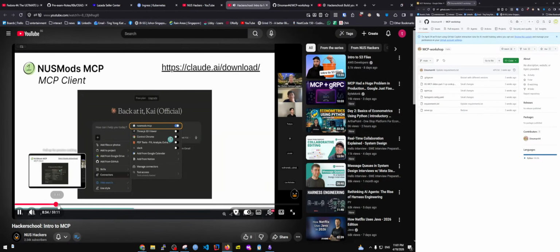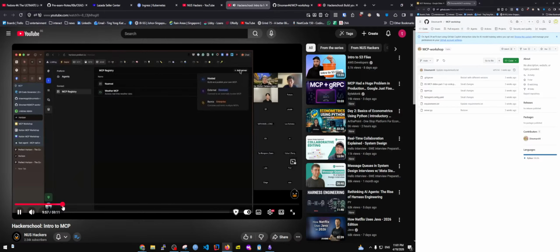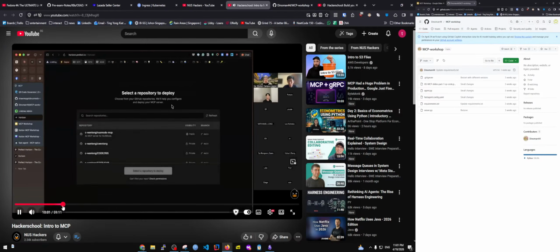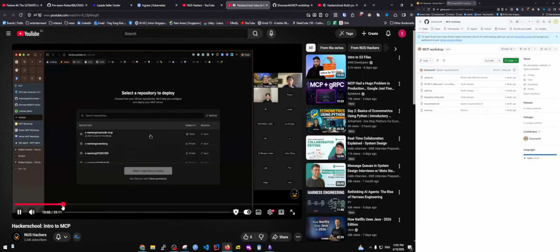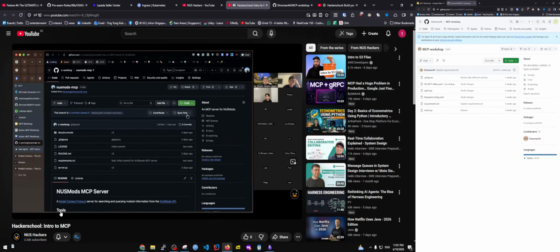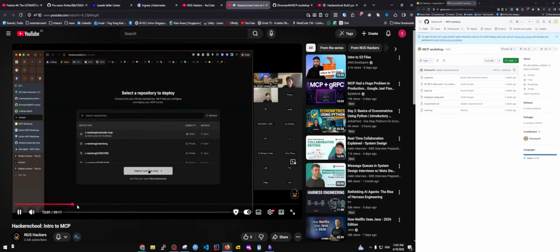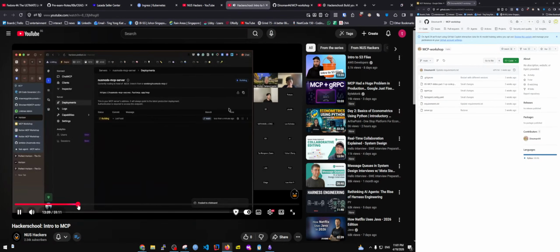This is just a screenshot of how it looks, because it's a custom MCP here. So what you need to do is press the hosted option. Over here, I've already connected my GitHub. If you don't have a GitHub, I think this is my own repo, so I can't work it. So just click to enable that MCP.